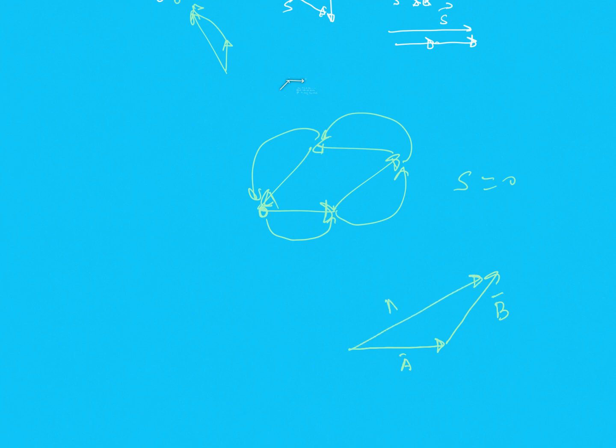The sum is A plus V. You can distort this figure, and when you see a problem you may distort it, but don't change the direction of the arrow. The direction of the arrow is like this.